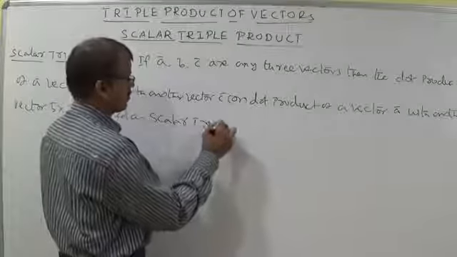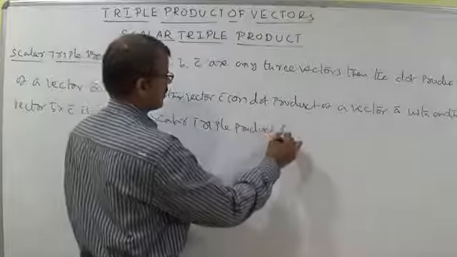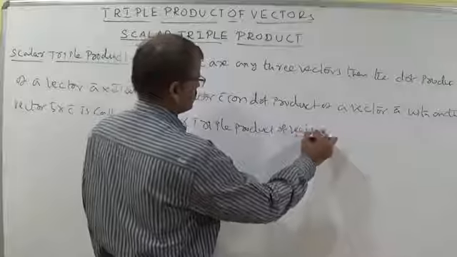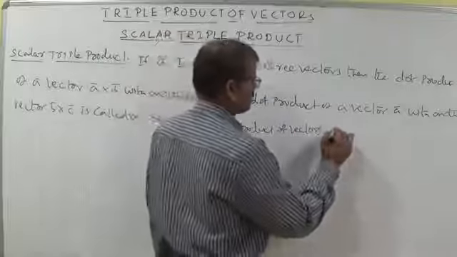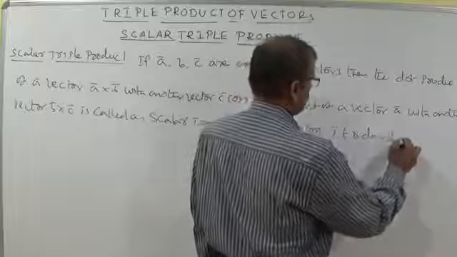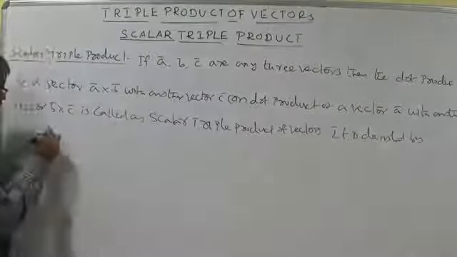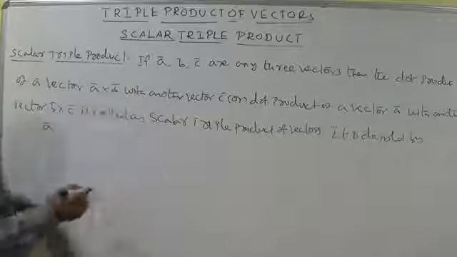Scalar triple product of vectors. It is denoted by box ABC, like this definition.